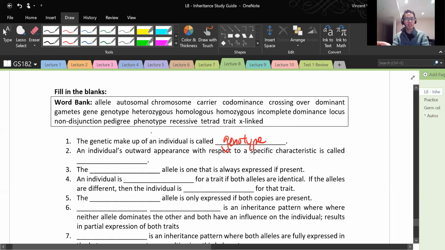So the genetic makeup of an individual is called genotype. The outward appearance with respect to the specific characteristic is called a phenotype. You can think of the phenotype as the manifestation, the expression of your genotype.